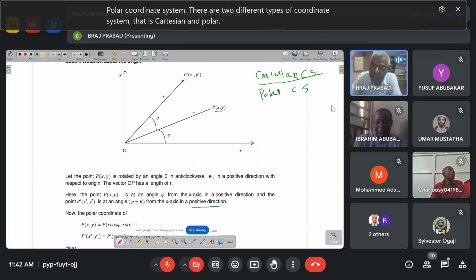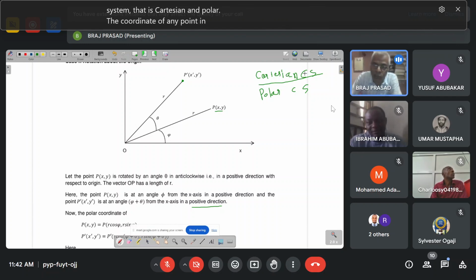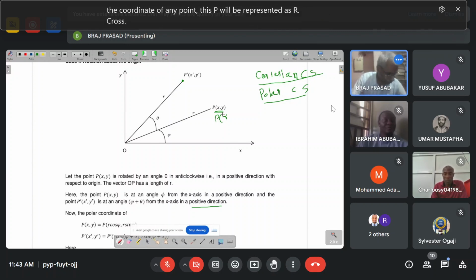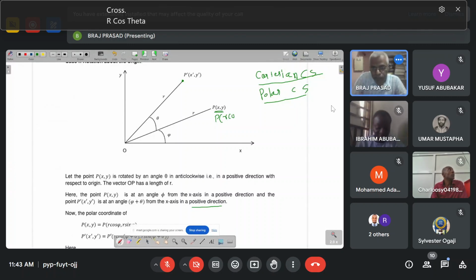The coordinate of any point in the Cartesian system is denoted by x and y, like this. But in the polar coordinate system, the coordinate of this point P will be represented as r cos phi, comma r sin phi.